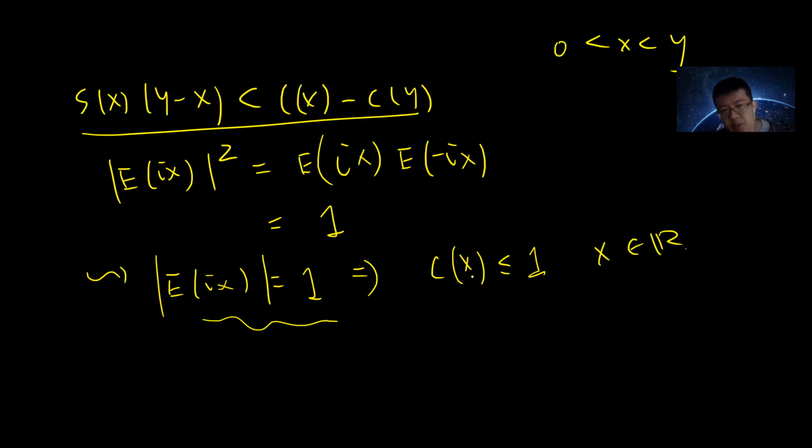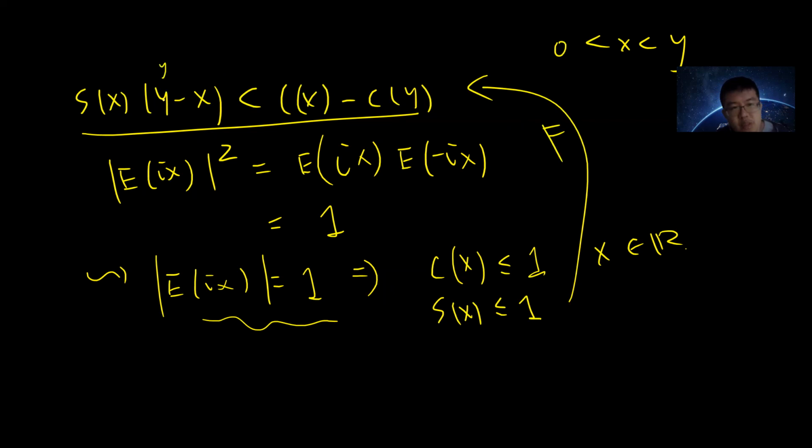By definition, c of x is exponential ix plus exponential negative ix, and when you show each term has modulus at most 1, then c of x is less than or equal to 1, and also s of x is less than or equal to 1, but it violates this.